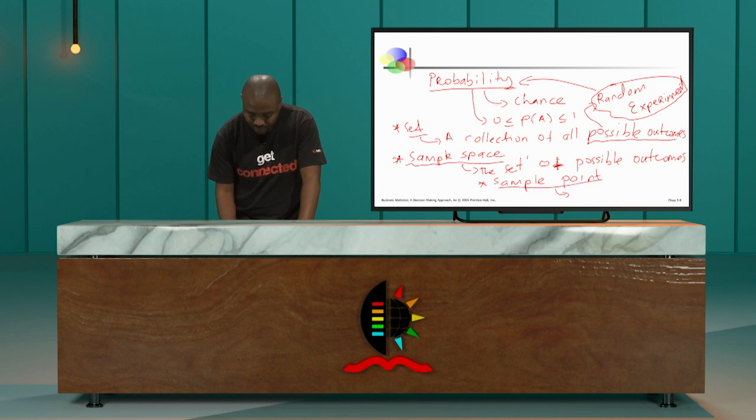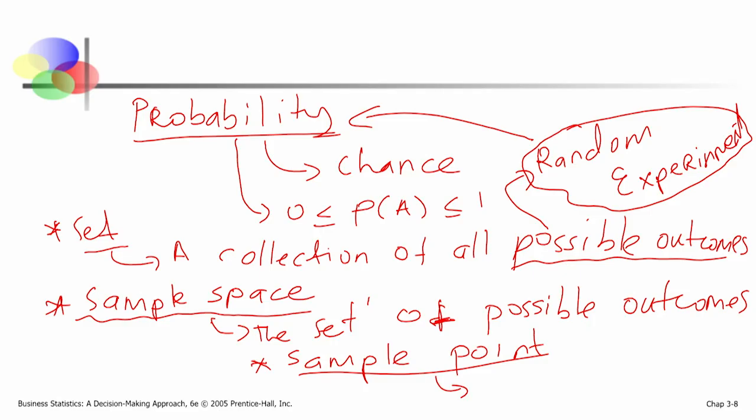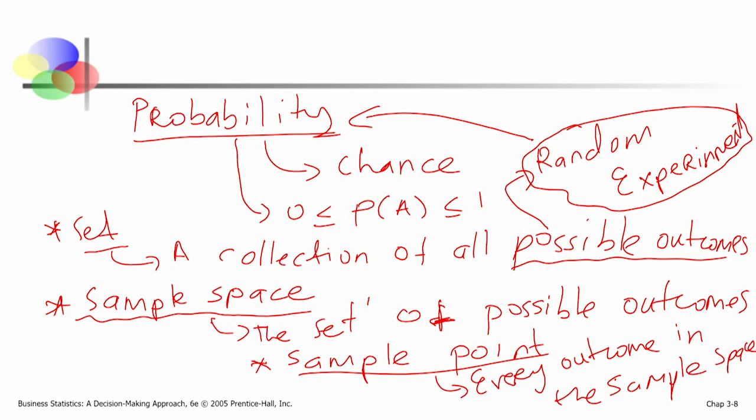A sample point is every individual outcome in the sample space, right? Okay. Now, for example, we made an example of tossing one coin.